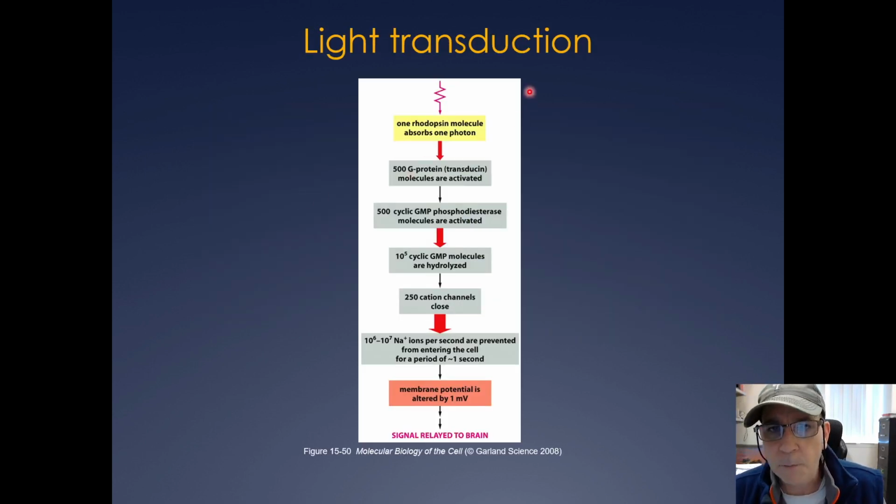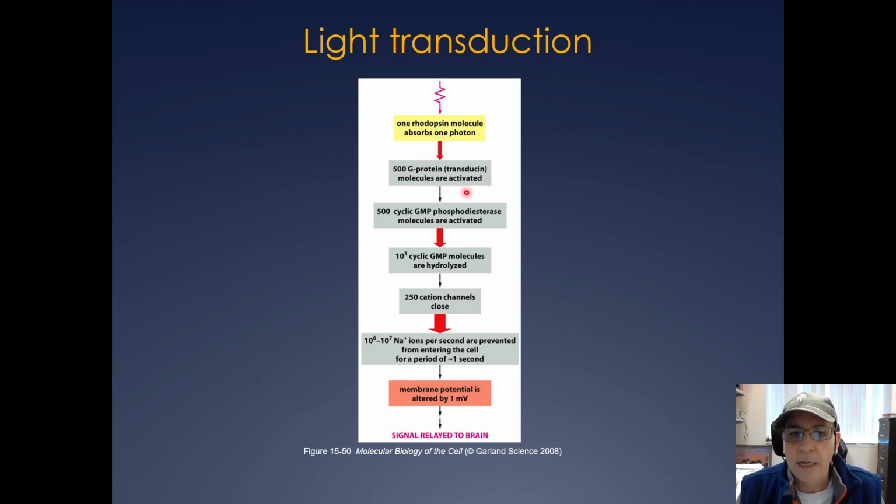Okay, and so getting back to light transduction, you'll have one photon of light sensed by one molecule of rhodopsin. This will actually cause 500 G-proteins to become activated.